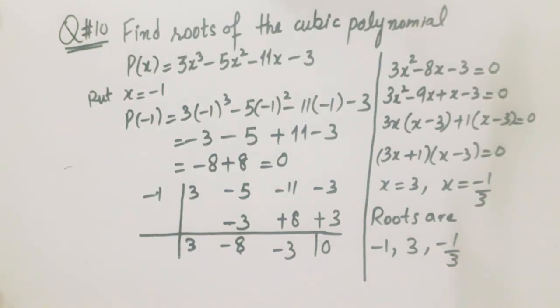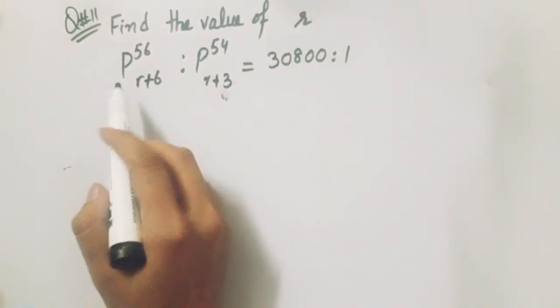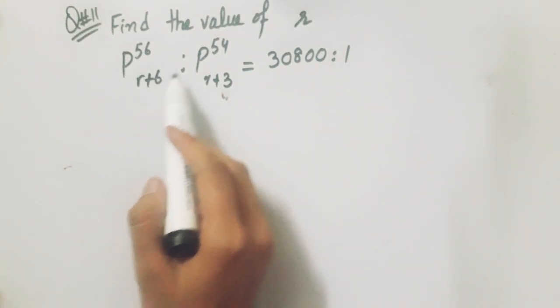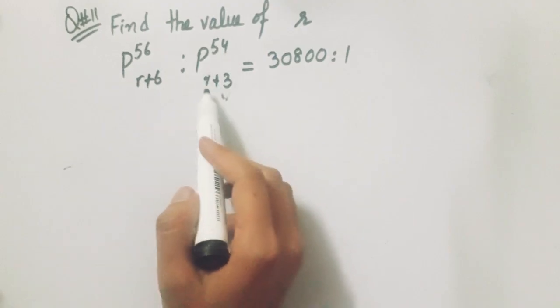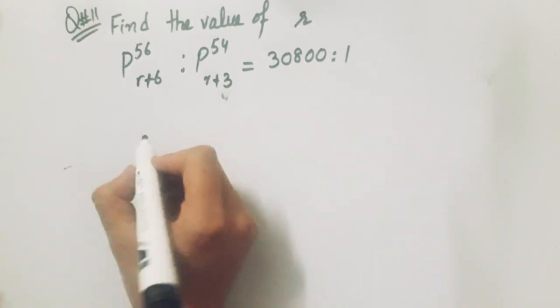Now we will solve question number 11. The question is, find the value of r such that 56P(r+6) to 54P(r+3) is equal to 30800 to 1.